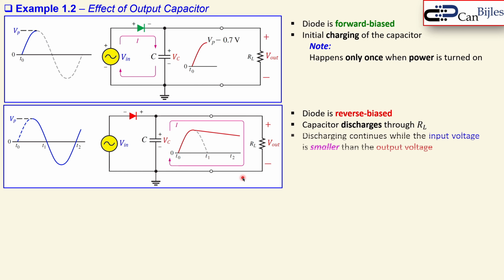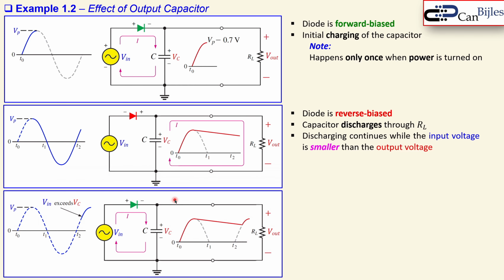Now, this will continue, and discharge continues while the input voltage is smaller than the output voltage, because when you have an open circuit here, the current will be flowing in this fashion. And when the Vin is larger than the voltage at this node, then the capacitor will be charged again.